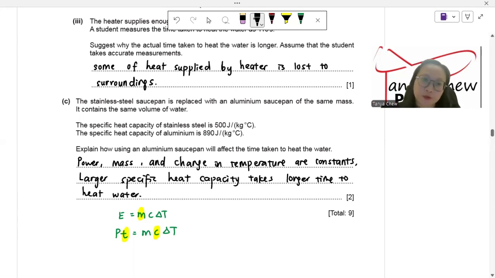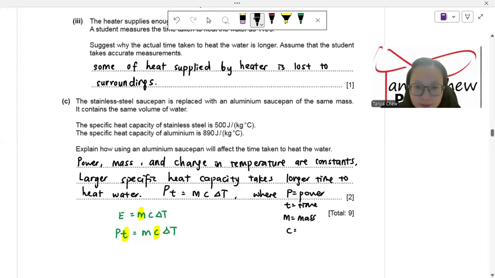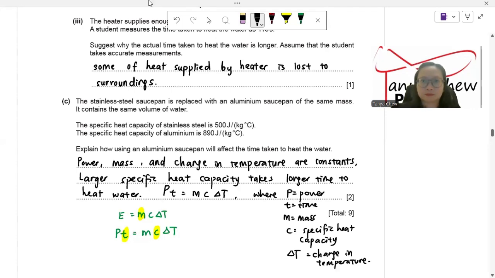You can write down this equation: P T equals m c delta T. You have to explain where P is the power of the heater, T is the time taken, m is the mass, c is the specific heat capacity, and delta T is the change in temperature. That's it.